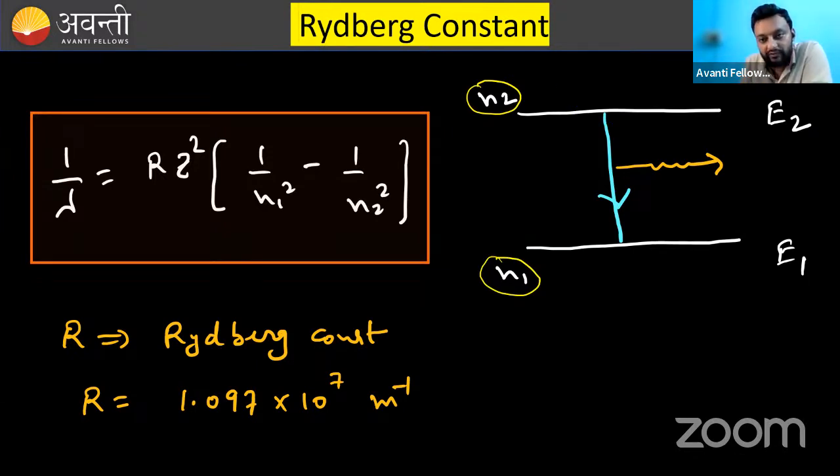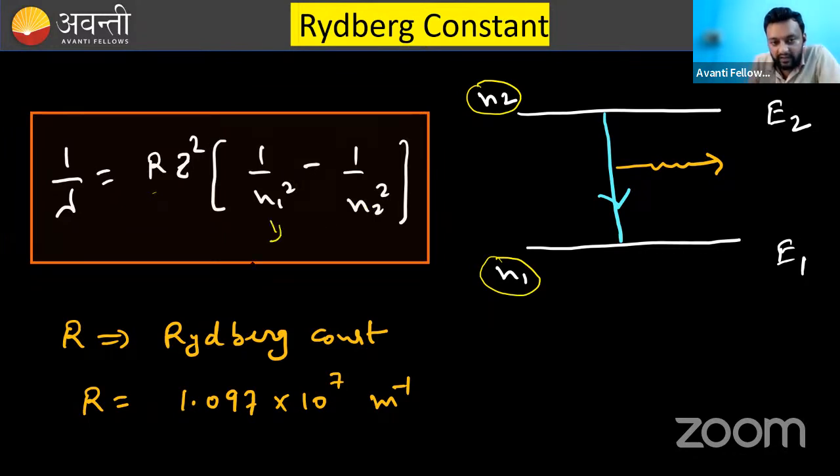Electron is making transition from higher orbit to lower orbit. In this process, a photon is released and the wavelength of this emitted photon is given as 1 by lambda is equals to RZ square into 1 by N1 square minus 1 by N2 square. Most of the times you will get confused.